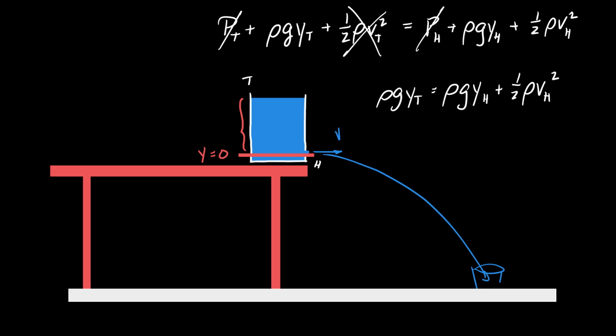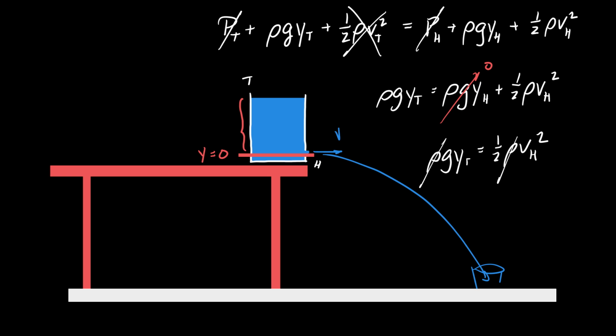And that would make this term 0, and we'd get the old mgh equals 1/2 mv squared. Doesn't that look a lot like that? I mean, there's no m's, but also the m's would have canceled as they will here, which tells you what the velocity of your fluid's going to be.